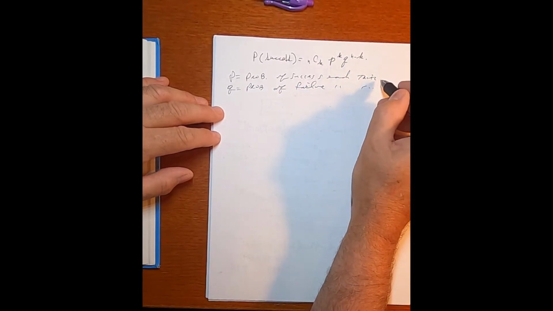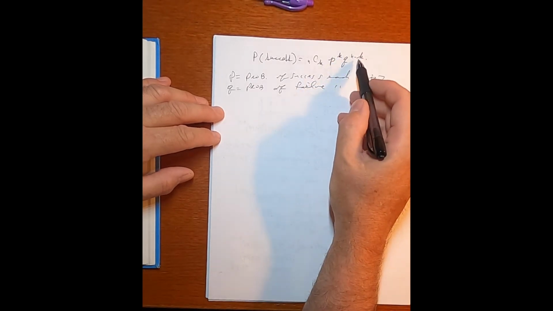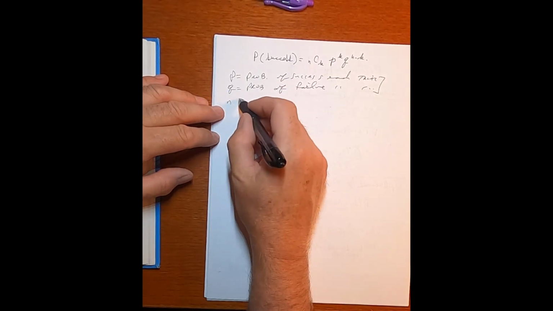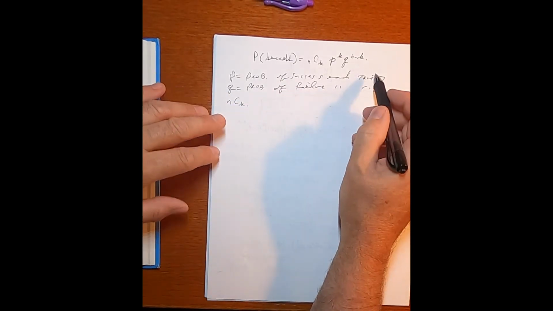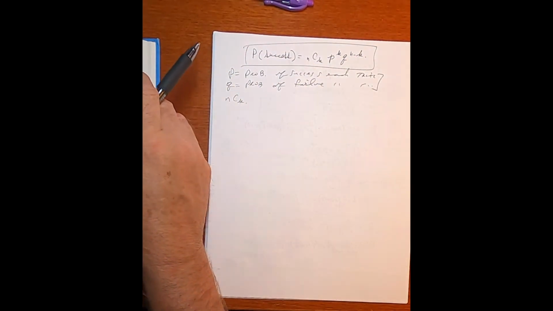So this never changes for this condition, and the counter is just the NCK. Okay, and there you go. Here's your equation.